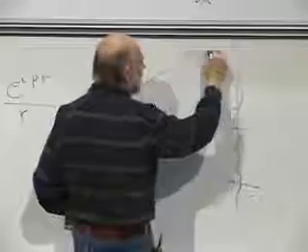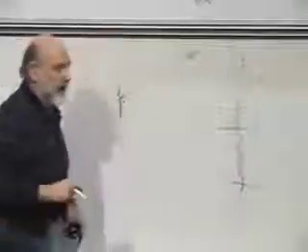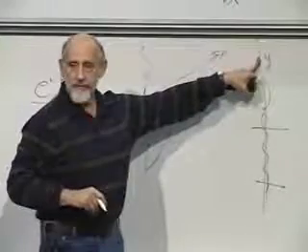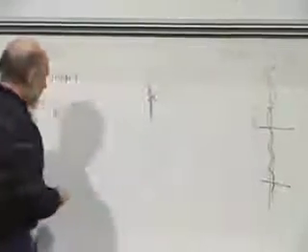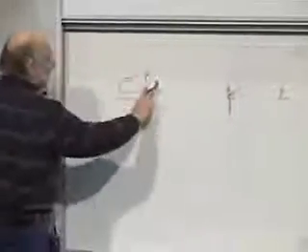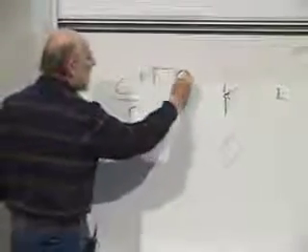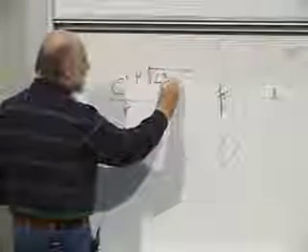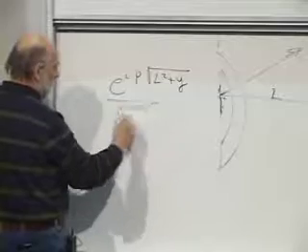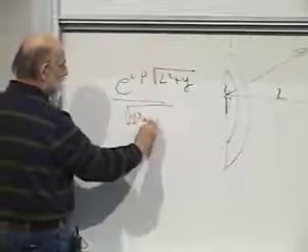What is the radial distance from here to a point at y? Let's call this L. R is the square root of L squared plus y squared.